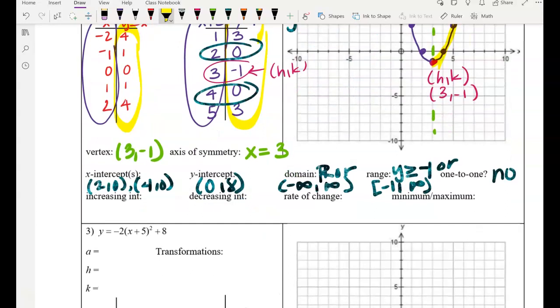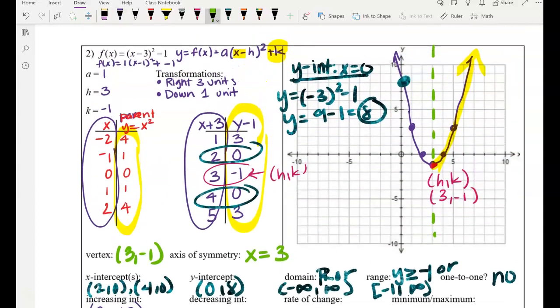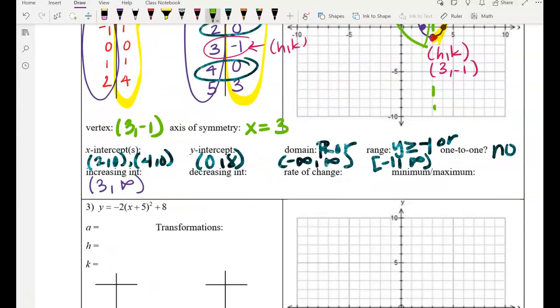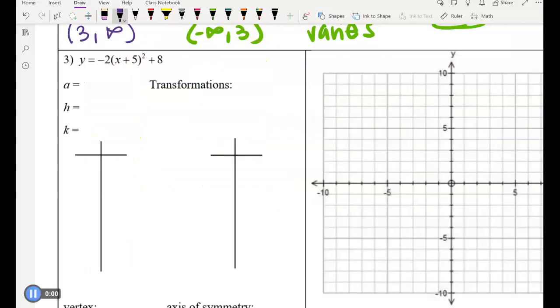So that's an x value of 3. So increasing 3 all the way to infinity. That means, students, the decreasing interval, it's over here. So that's going to be from -infinity to that h value of 3. The rate of change, we are going to say it varies. Now for this one, because it's opening upward, we are going to have a minimum value of that k, and that k value is -1.